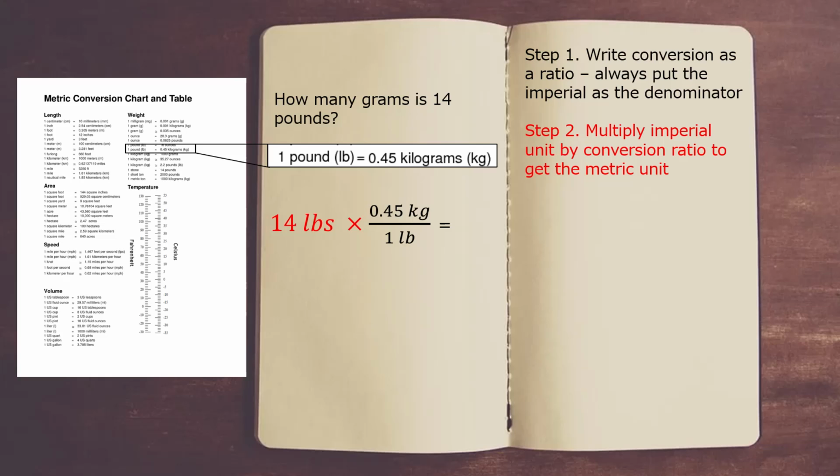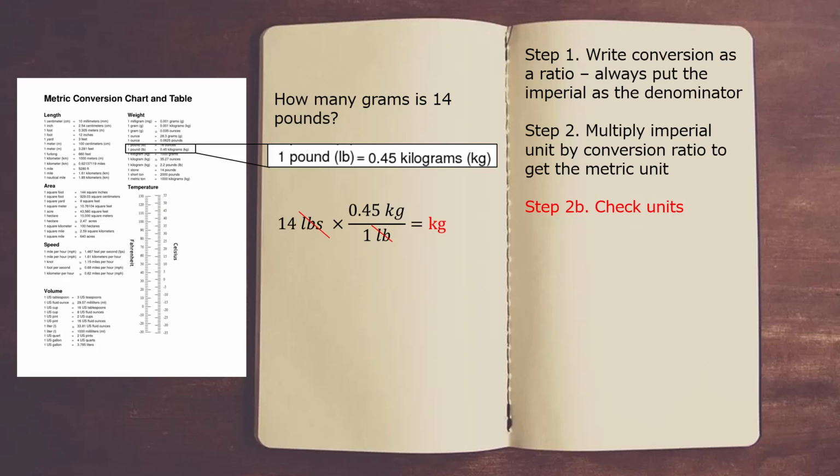Now we multiply that ratio by the imperial measurement that we were given. But before we calculate, we really want to make sure that the units cancel out properly and that we're left with the right units. So pounds divided by pounds cancels out, and we're only left with kilograms, which is metric. So far, so good.